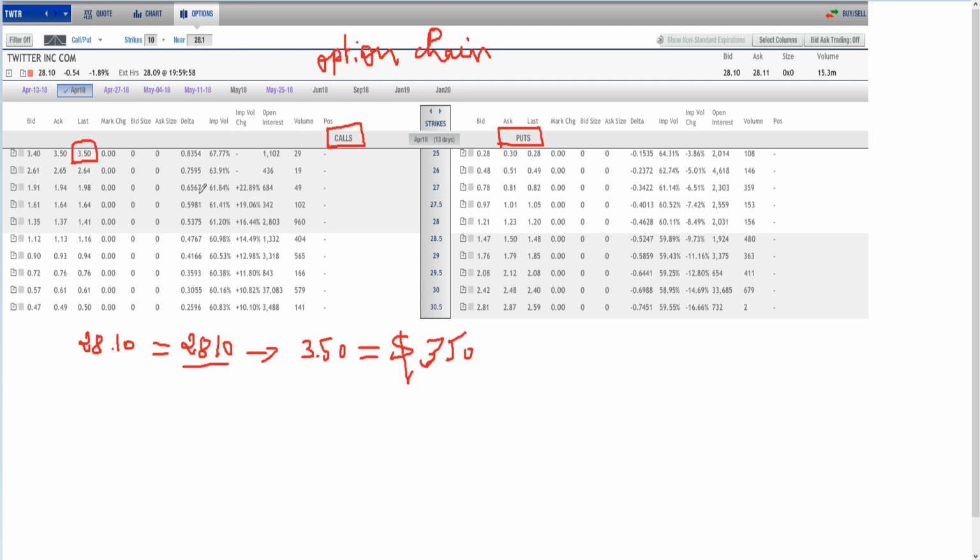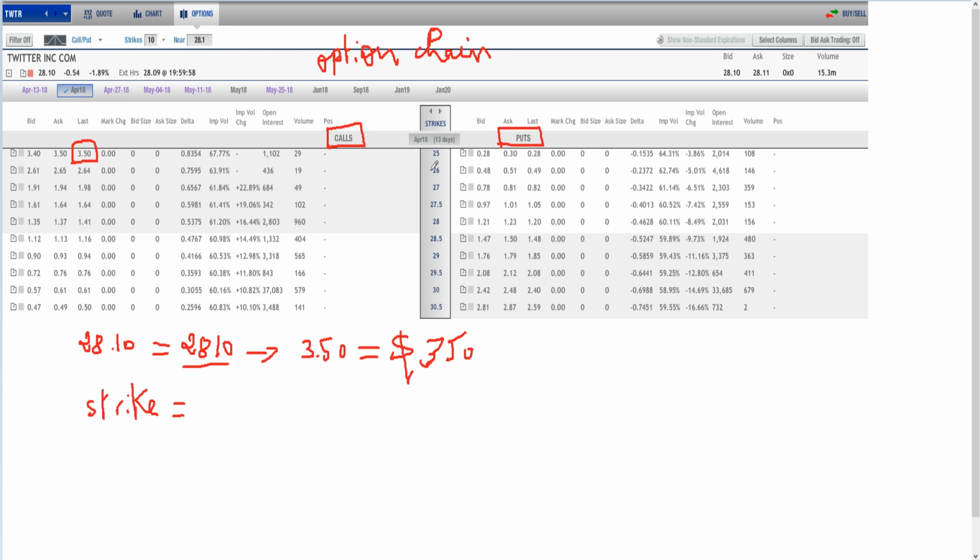Now, before you buy an option call, you should first choose the strike. You may ask, what is this strike and what relation does it have with the call option contract?